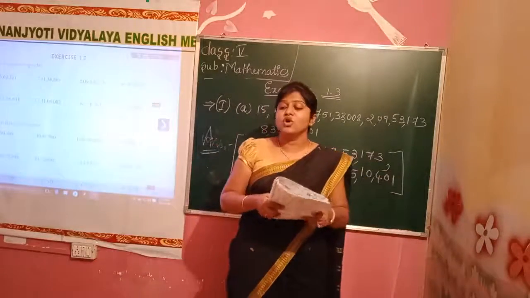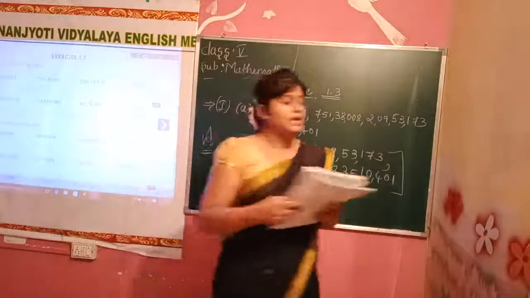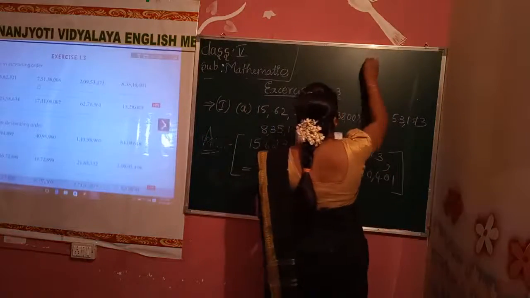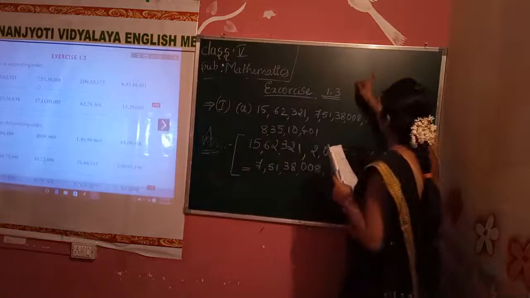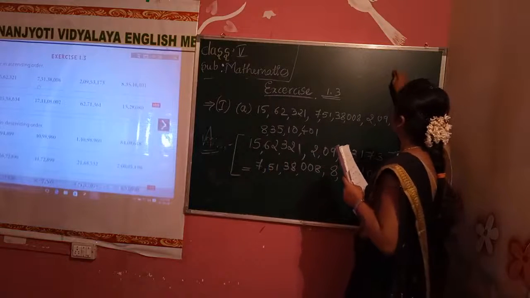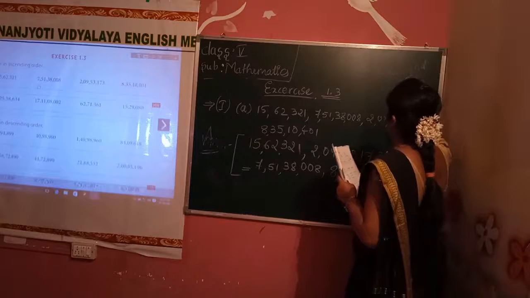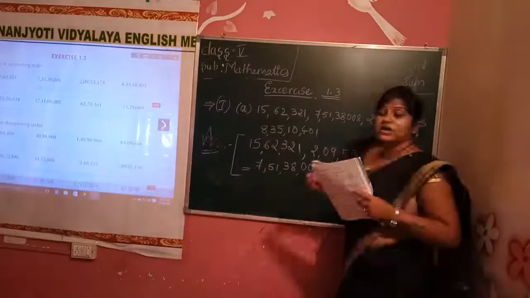The second one is homework for you children. Second one is B1, exercise number 1.3, first main, second sum. Homework for you. You have to do it by yourself.